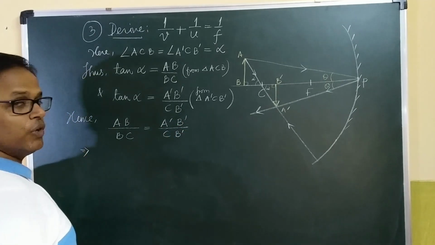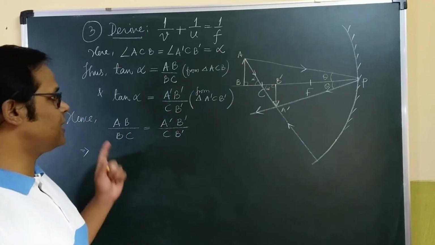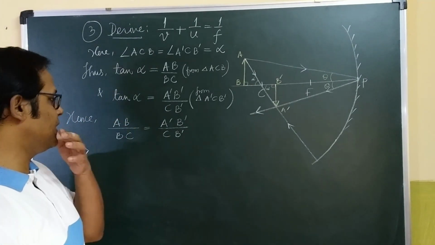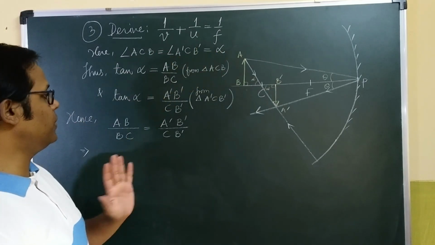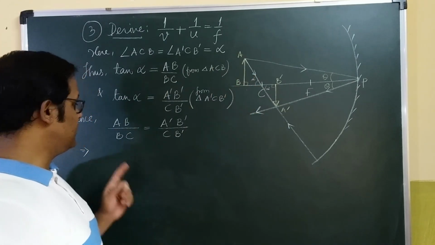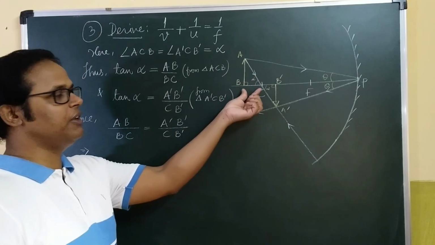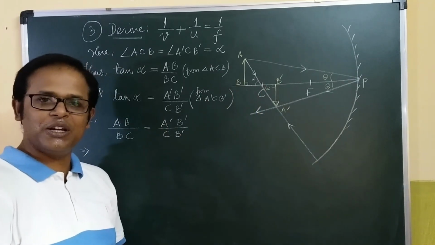So before moving forward to substitute any distances, let us quickly check it. Do we know everything? AB, height of the object, we know it. A dash B dash, height of the image, we know it. BC doesn't have any particular name. Similarly, CB dash doesn't have any particular name.